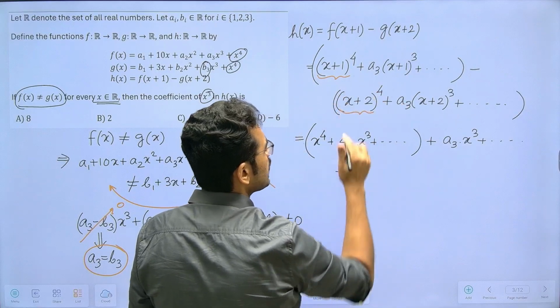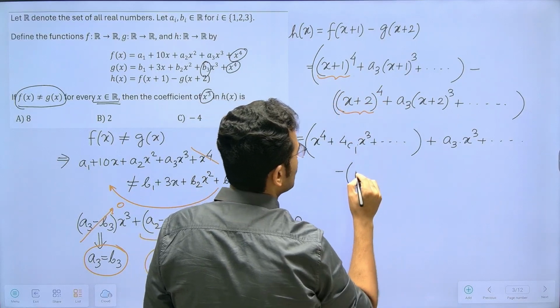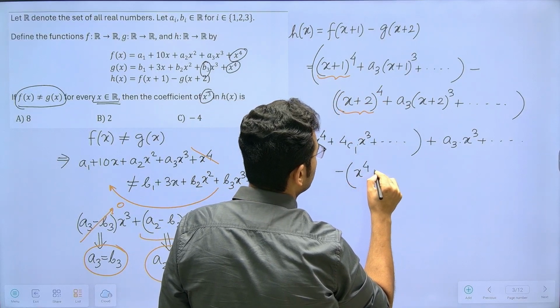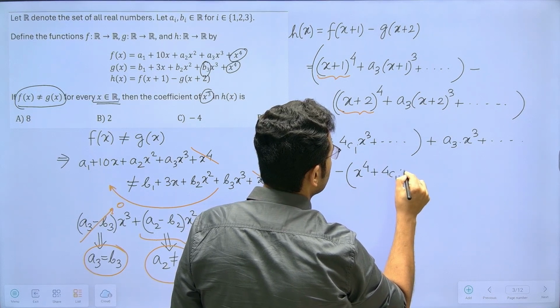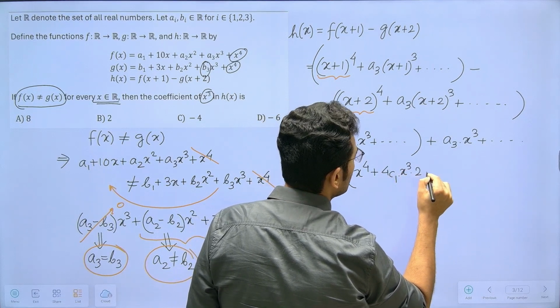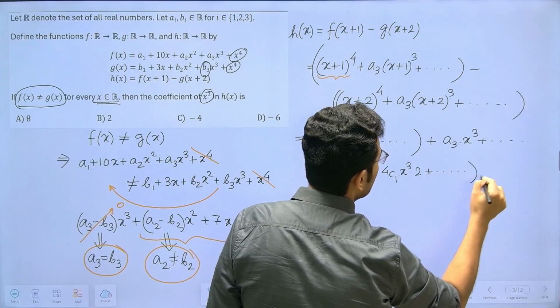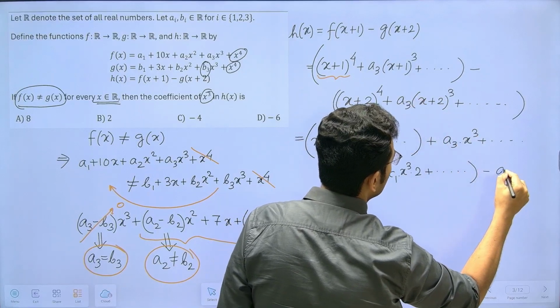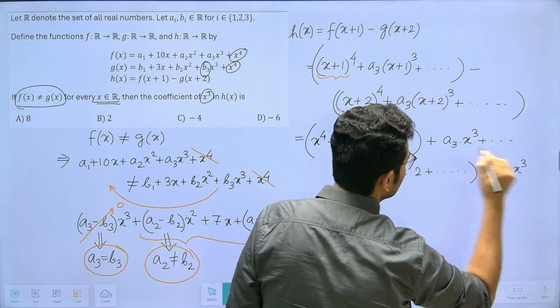Minus, in this binomial (x+2) power 4 the expansion will be x to the power 4 plus 4C1 into x cubed into 2 plus the lower degree terms, and finally a3 into x cubed. So minus a3 into x cubed.